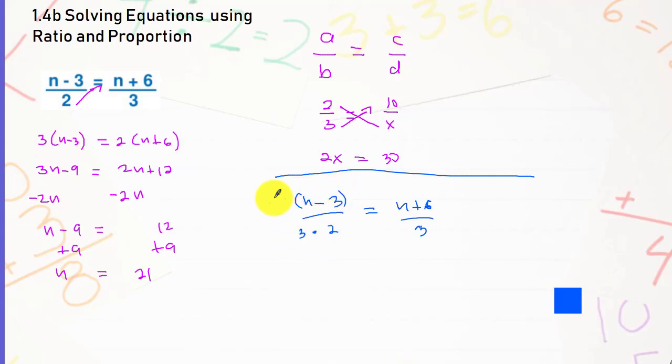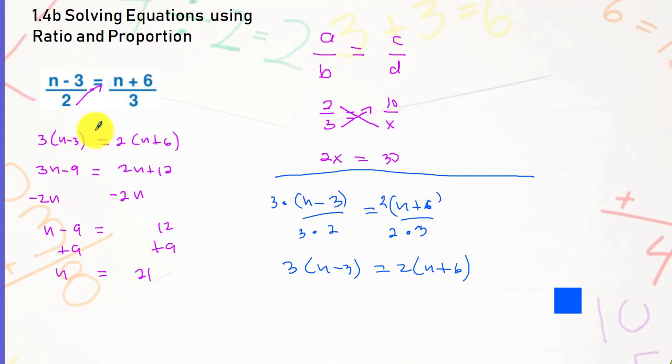I also need to multiply the top by 3. I want this to be equal to 6, so multiply this by 2, and then multiply this by 2. And then we can just ignore our denominator and say I'll have 3 times n minus 3 equals 2 times n plus 6, which is the same thing that I have here using ratio and proportion.